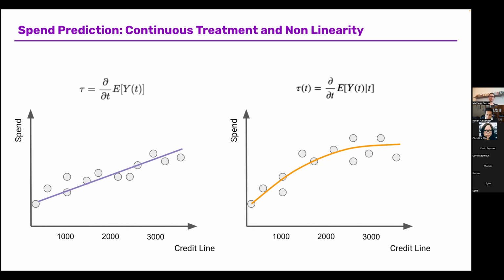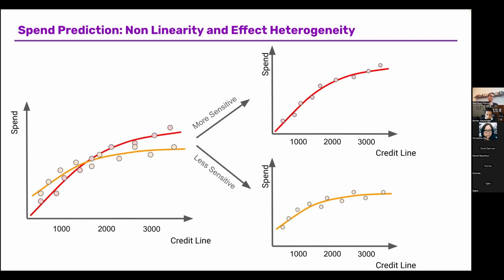So remember that the goal here is to classify people between more sensitive and less sensitive to credit lines. And this might come in two flavors. For instance, you might have these two sorts of people. Let's say that you can classify people between more sensitive, which are the red customers, and less sensitive, which is the orange customer.